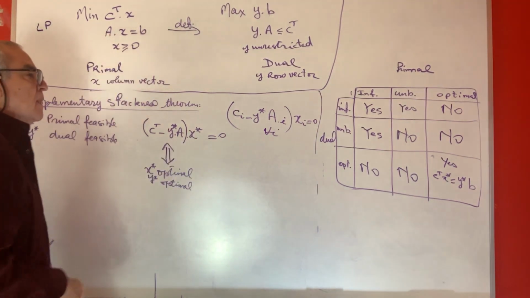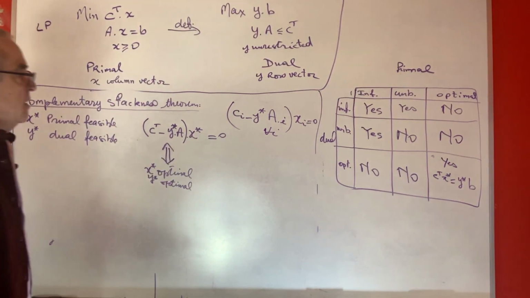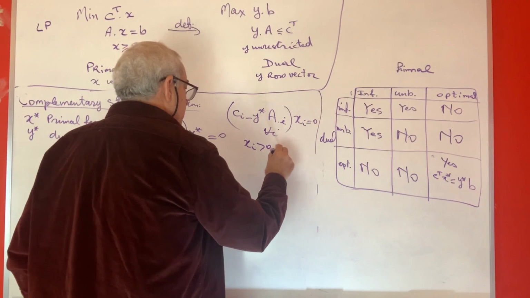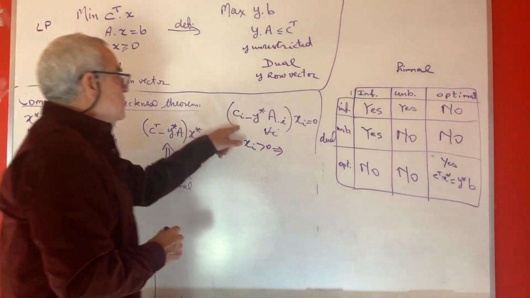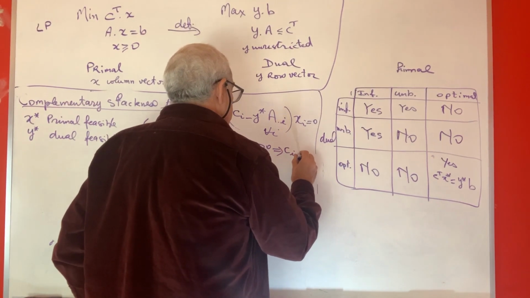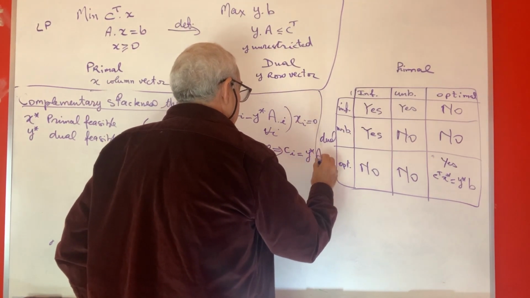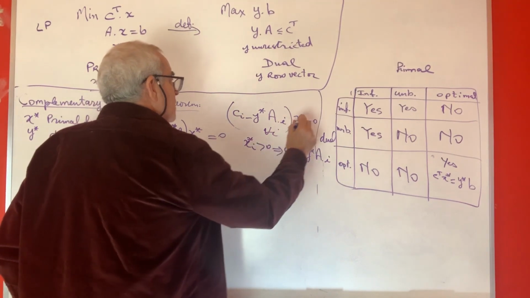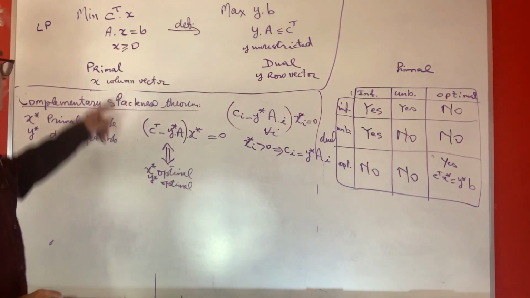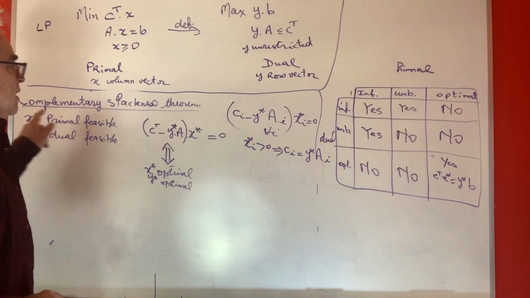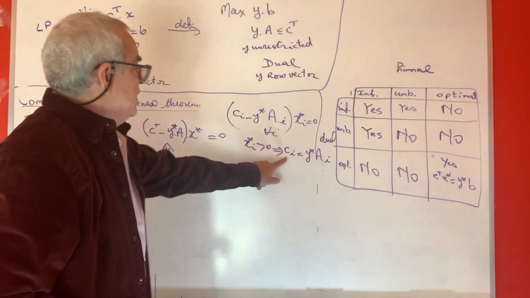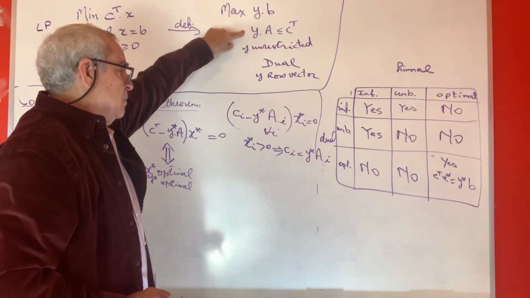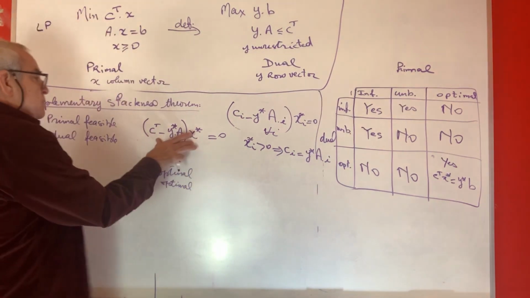That's what this means. And another way of saying it is that if Xi is positive, then this is equality. So Ci is equal to Y star times A dot i. So if my solution X star i is equal to 0 and it verifies this, that is, the ith equation here is not less than C, it's equal. Okay? So that's what this means.